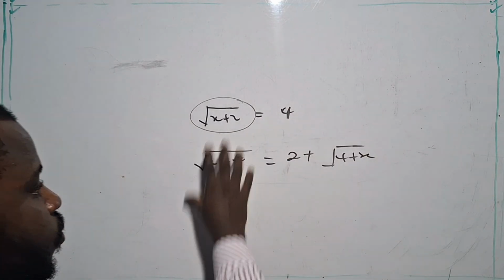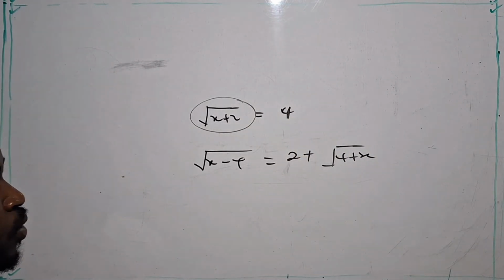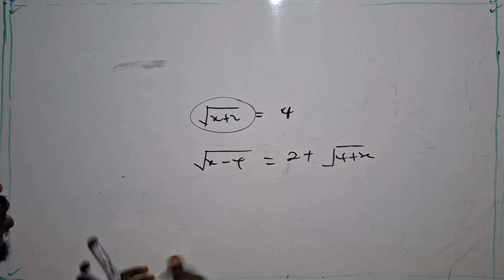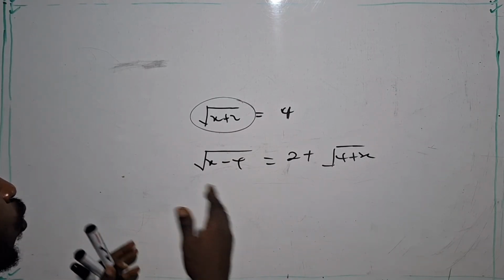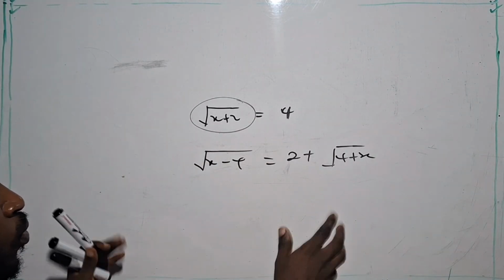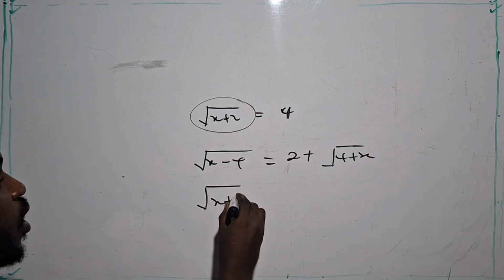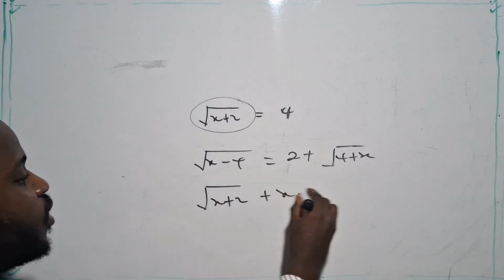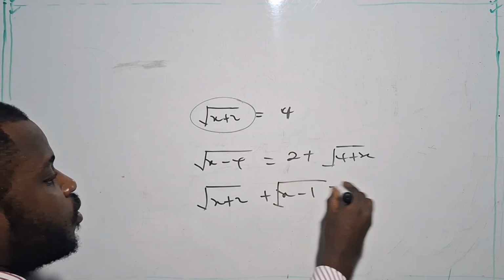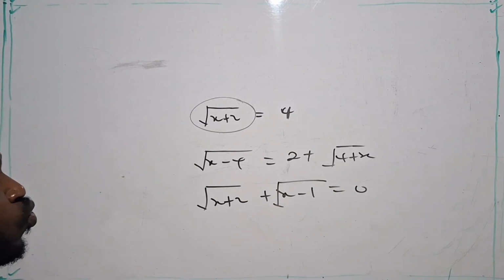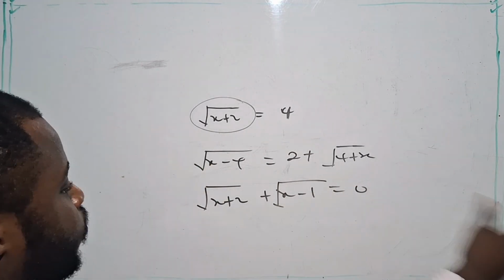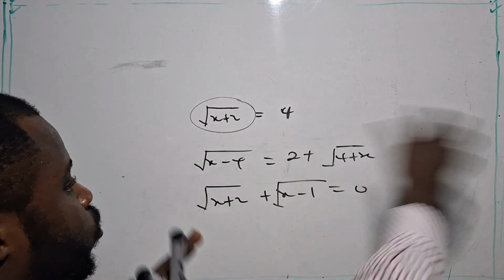So the rule still applies. What you need to do is isolate. When you see a radical equation in this form, the square root of x plus 2 plus the square root of x minus 1 is equal to 0, what you need to do is isolate them, to share the square root on both sides.